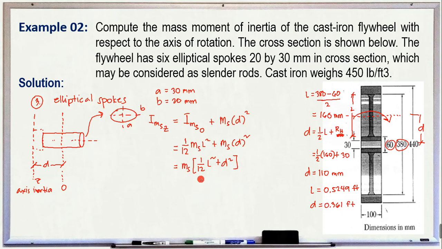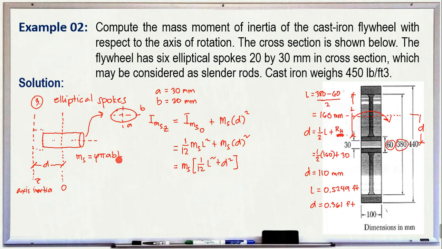Okay. So next, for the mass. The mass of the spoke is an elliptical cylinder. So density times the cross-sectional area, which is pi AB for the ellipse, right? Pi AB times the length.